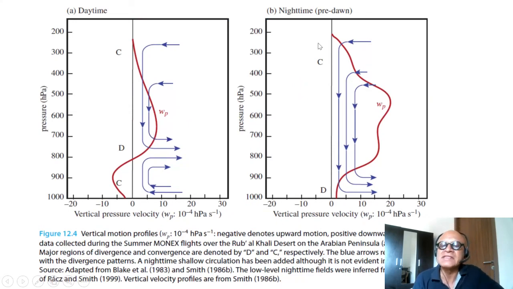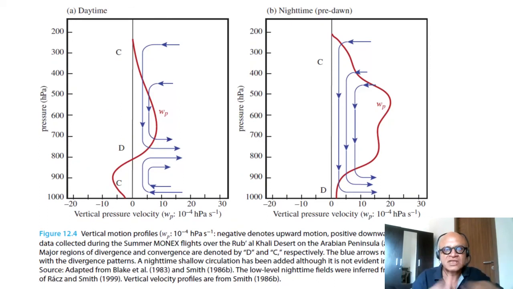What happens at night time? You get a very different profile of WP and divergence and convergence. So you have very strong nighttime cooling, very strong subsidence, and it's going to come almost all the way down to the boundary layer, and you're going to have divergence at the surface.